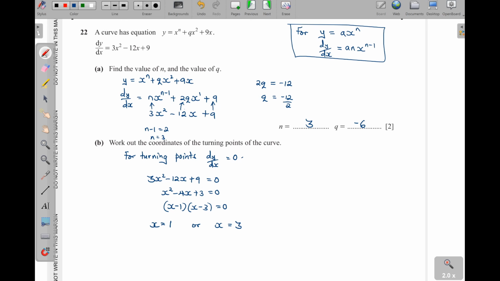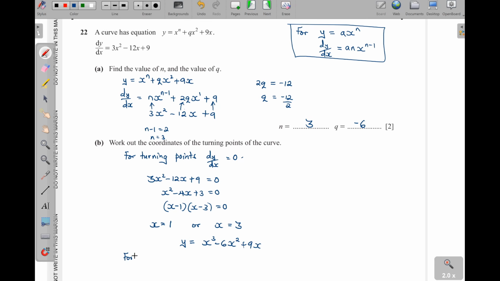Now for x is equal to 1, what is y? Now you substitute in here. Remember y is equal to x power, our n is 3, then q is negative 6, so minus 6x squared, then plus 9x.